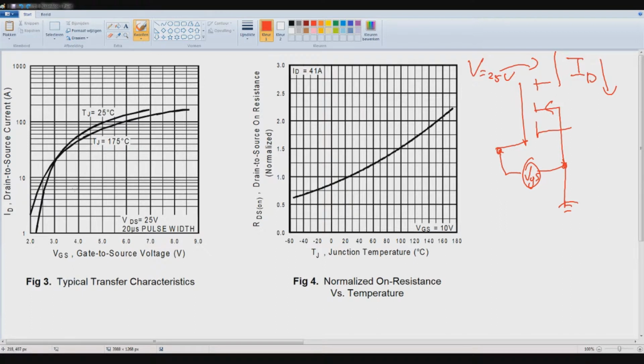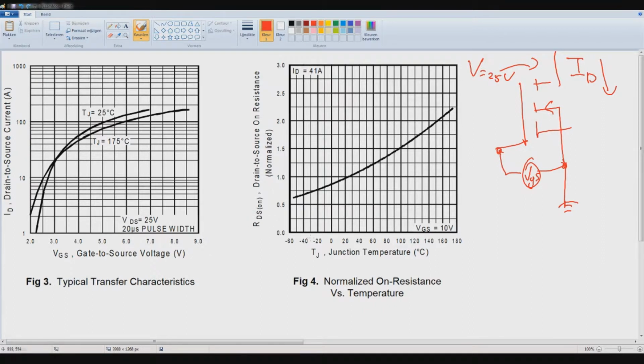But other than that, it's pretty much the same as before. Just look at what the lines do at your operating parameters and such.